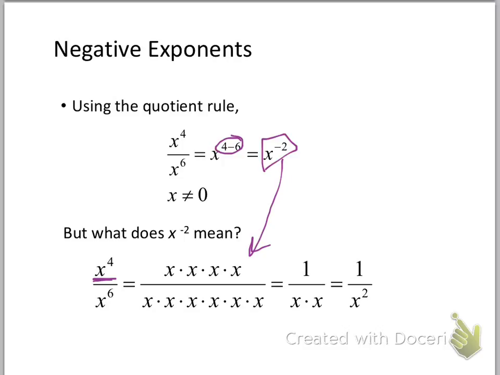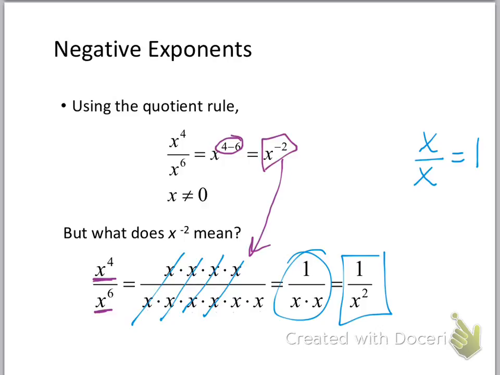X to the 4th is 1, 2, 3, 4 x's. X to the 6th, 1, 2, 3, 4, 5, 6 x's. And if you recall, you can cancel out pairs because x over x is 1. So that leaves me with 1 over x times x, which is simplified to 1 over x squared. This is another way you can think about the meaning of a negative exponent.